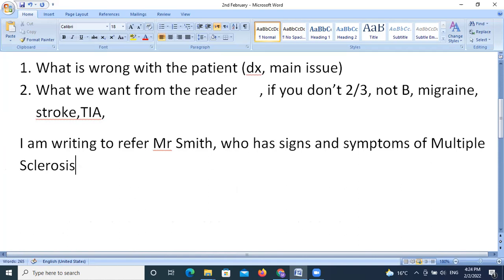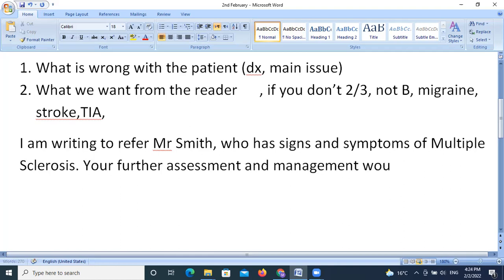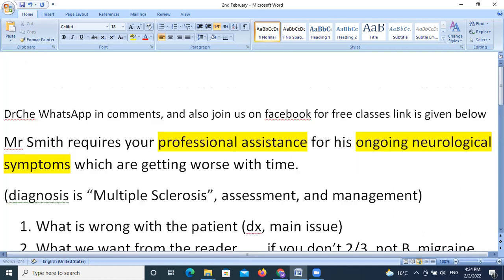Can anybody write? So who has signs and symptoms of multiple sclerosis? Your further assessment and management would be highly appreciated.